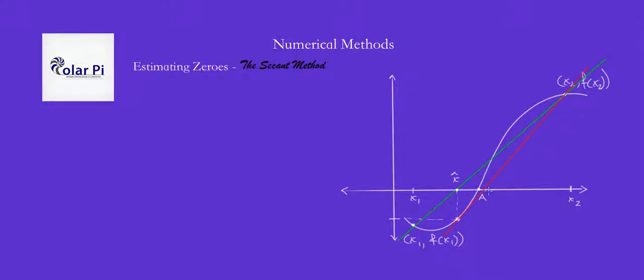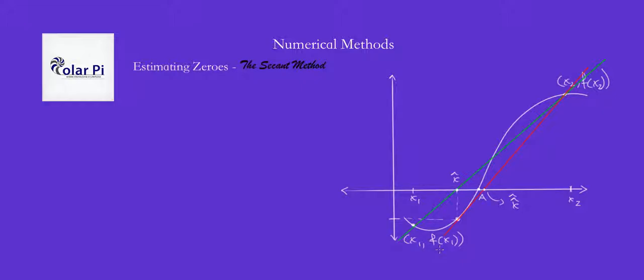And so our new estimate of A is going to be this point right here, which clearly is much closer to A. And so each iteration, in other words, each repeated secant line, is going to give you a better and better estimate of A. And let's say that this point, the second estimate, is called x hat hat. So as you can see, using an iterative process like this, you can get an estimate of A that is as accurate as you'd like.